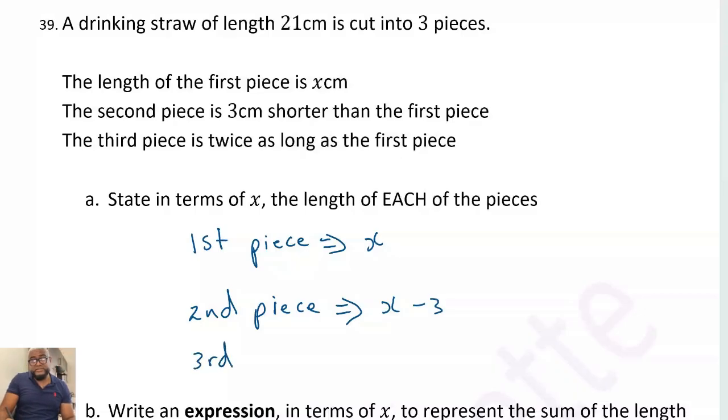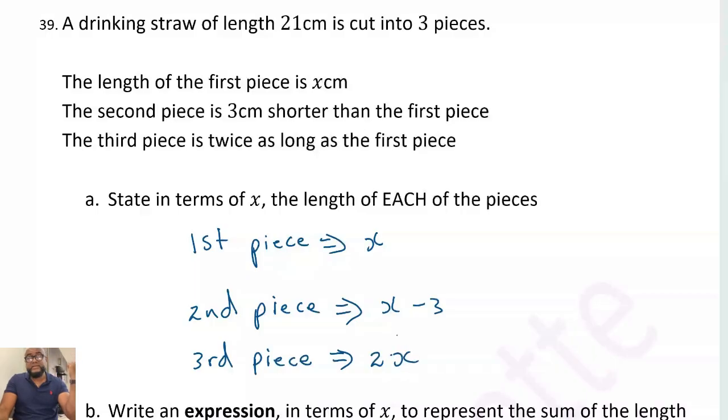Third piece. The third piece is twice as long as the first piece. It's 2x. What's the first piece? x. So it'll just be 2 what? It's just 2x.